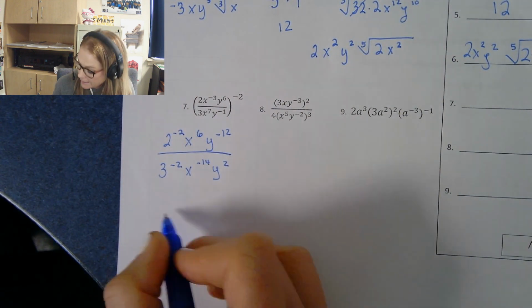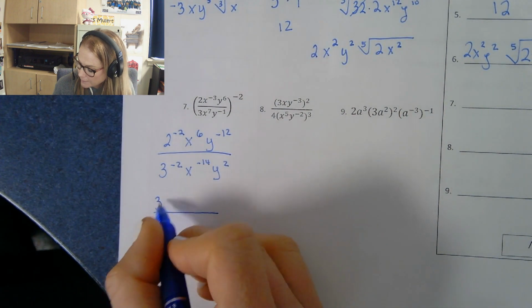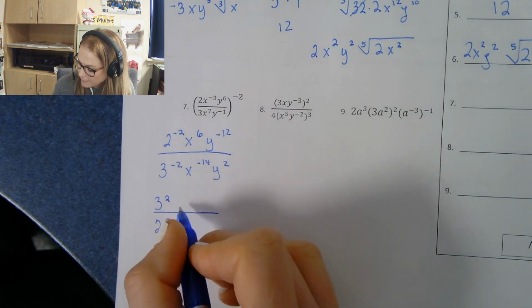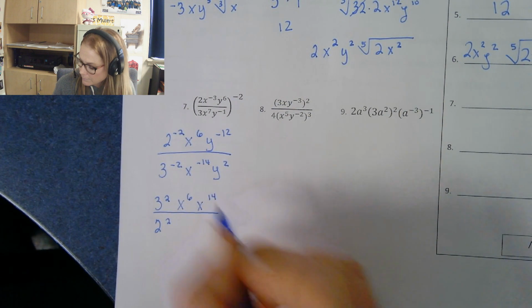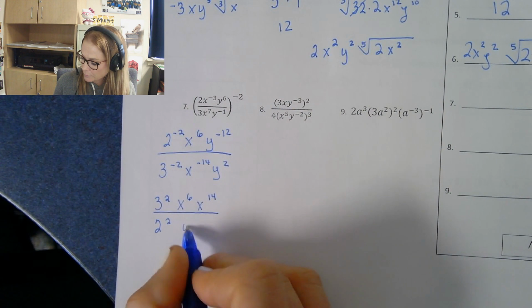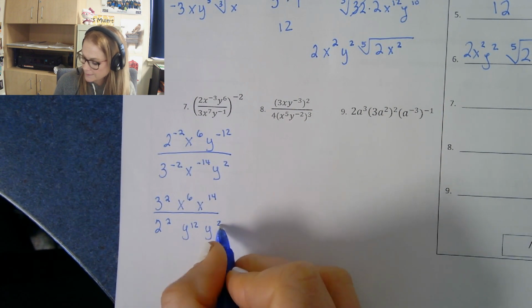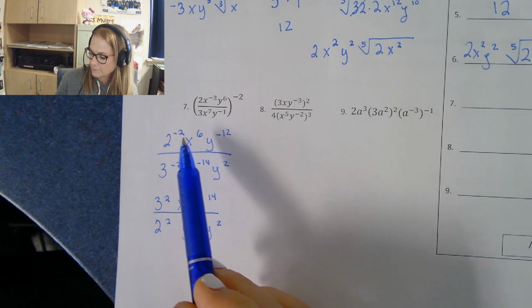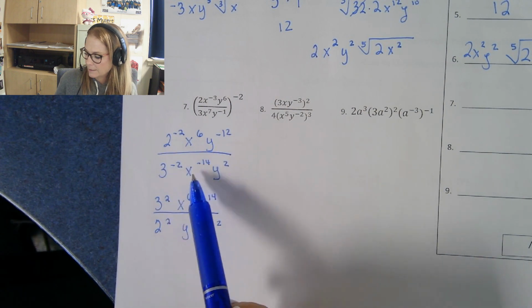All right, and so 2 squared is going to come down, 3 squared is going to go up, x to the 6 is up, x to the 14th is up, y to the 12th is down, and y squared is down. So this is down, stay, down, up, stay.